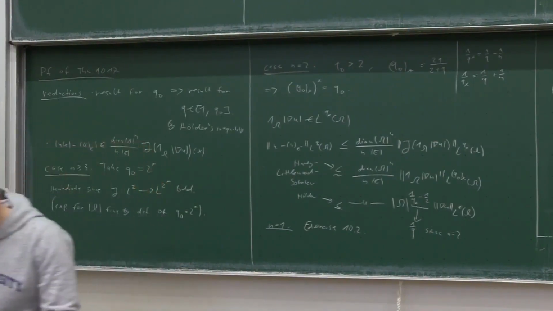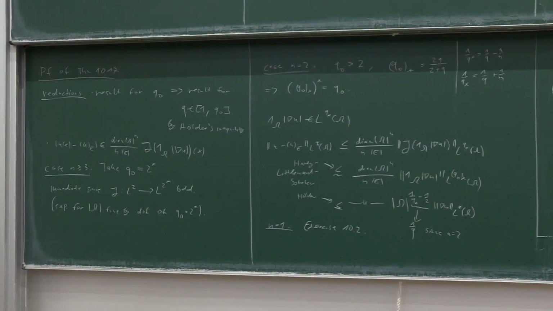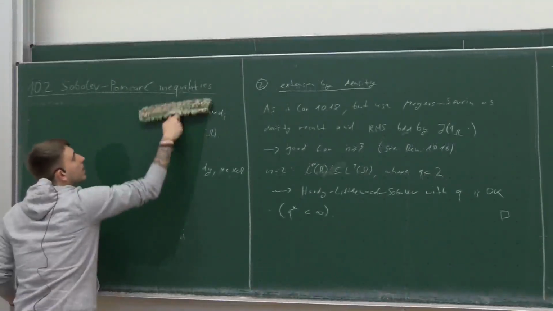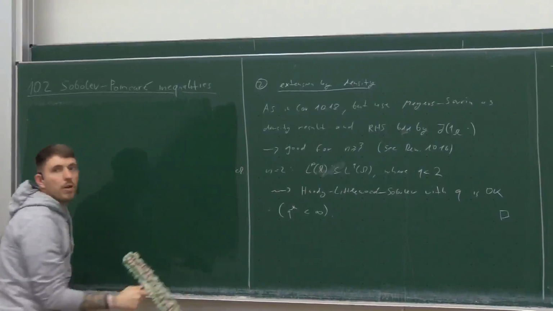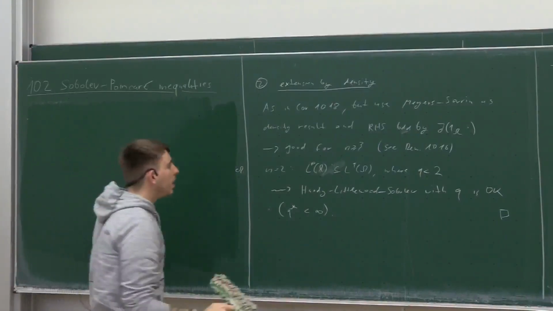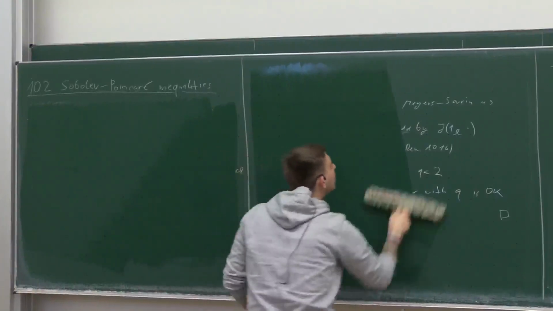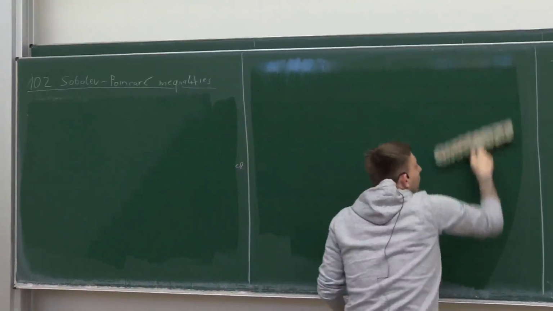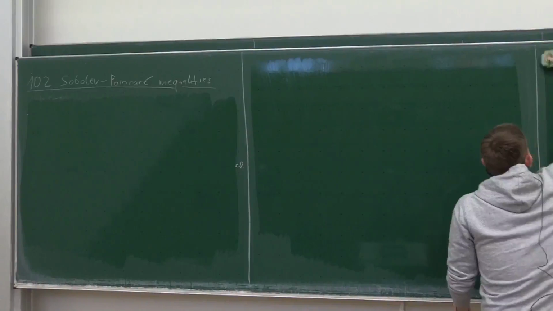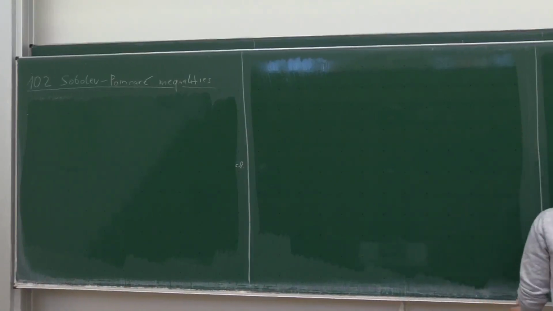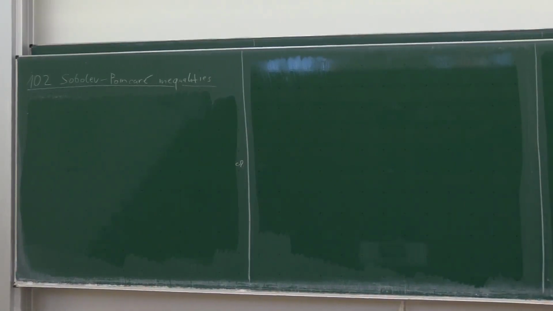Okay, then to make some space on the blackboard again. So this was the inequality part of today's lecture, and now there comes section 10.3, which is supposed to show some other applications of the Meyer-Serrin result.